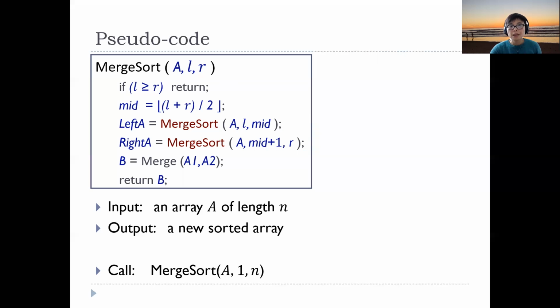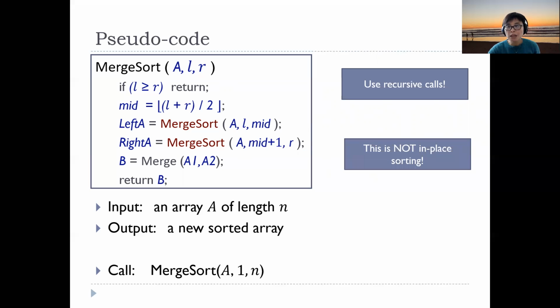All right. So this is a recursive call, and I do want to point out that this algorithm is not in-place sorting, because when we merge two subarrays, we open a new subarray B to store the sorted version of those.